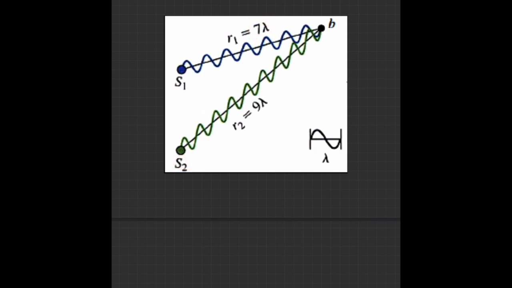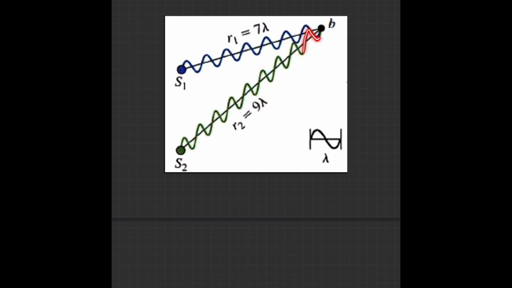Same goes for S2. The distance from S2 to B is 3, 4, 5, 6, 7, 8, 9, so the distance is 9 lambda.